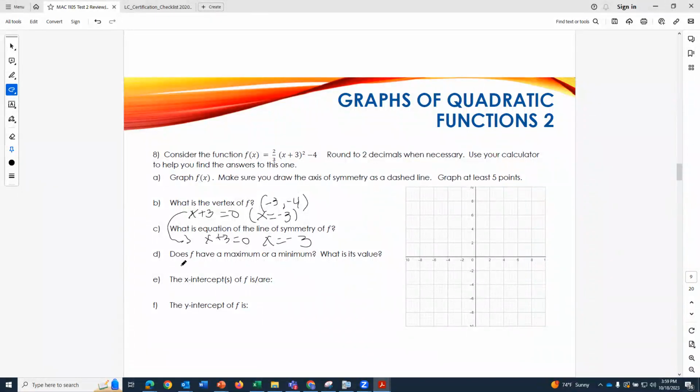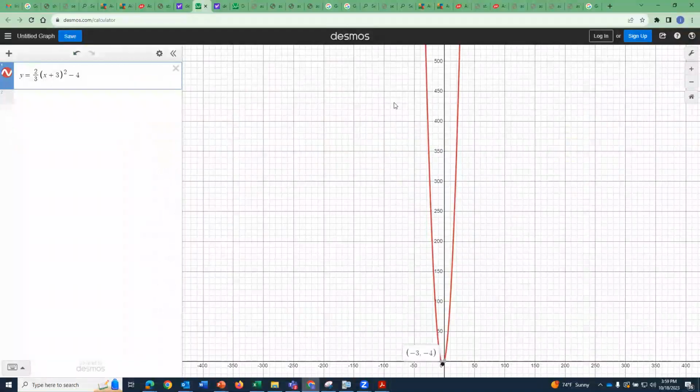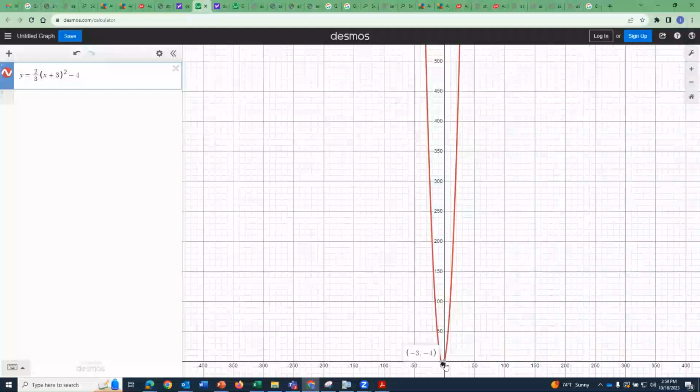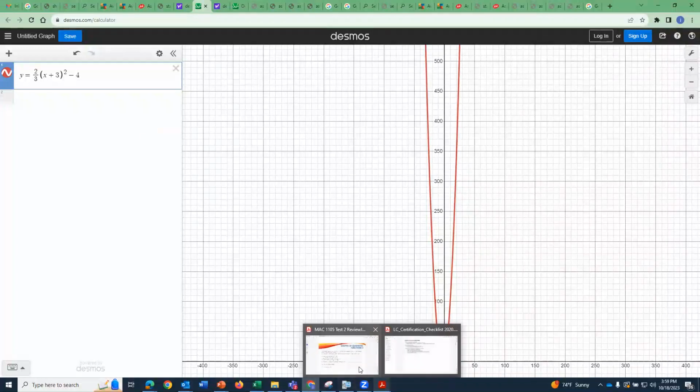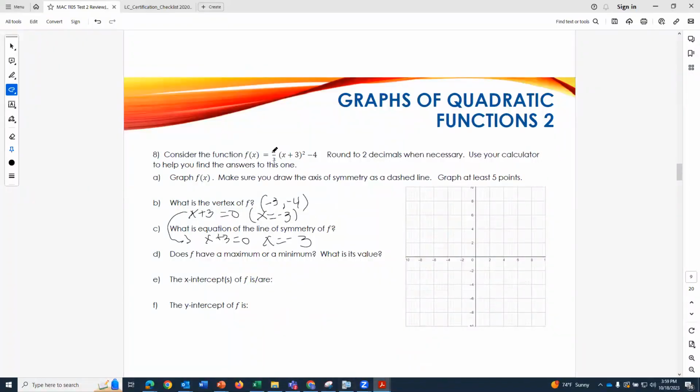That's the symmetry. And does f have a maximum or a minimum? When we went to decimals, we just look at the graph, it is coming down and going up. That means it has a minimum. But without the graph, we can find there's a minimum because the number in front here is positive.